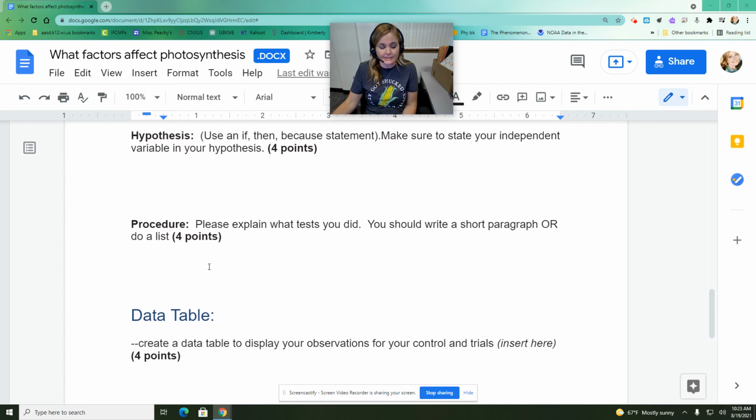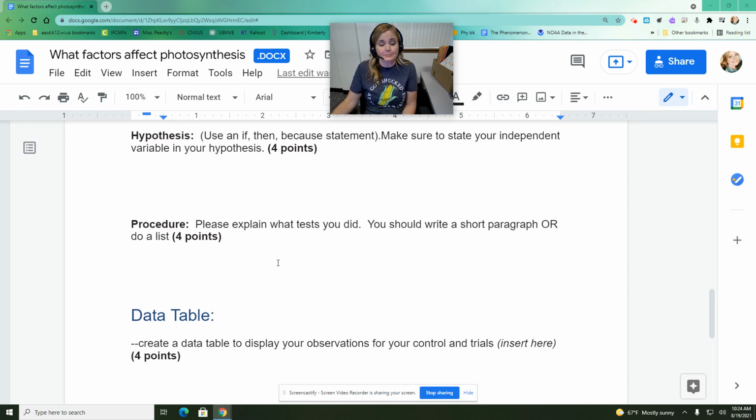And then we have the procedure. So you're going to list a step-by-step list of what you did here to test that particular variable. You can do this in a short paragraph, or you can do this in a step-by-step format. So it's completely up to you which kind of structure you want to use, whether that's a short paragraph or a list form.